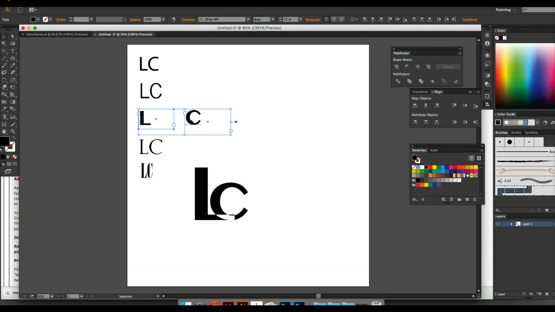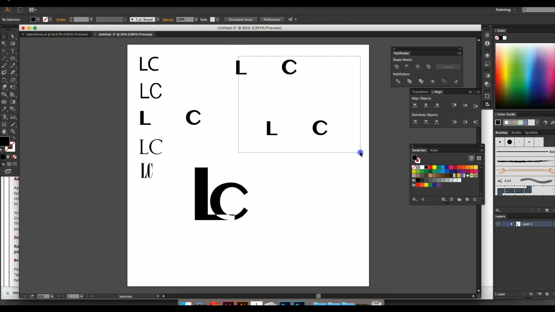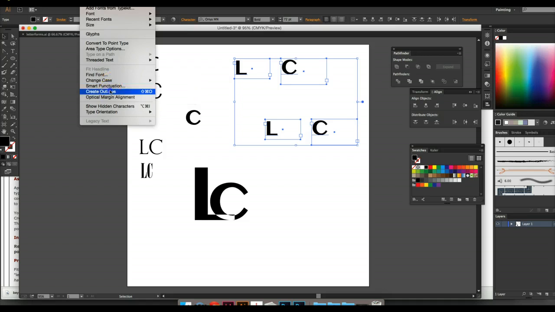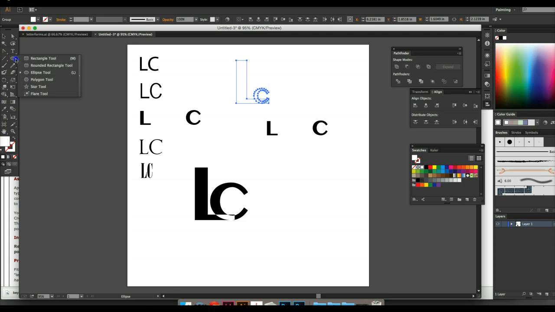It's helpful if you make yourself a few selections. Can I do these all at once? There we go. And give yourself some stuff to work with, right? And let's make that white. And then let's create a black background.